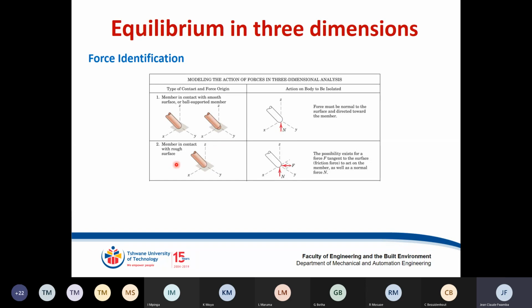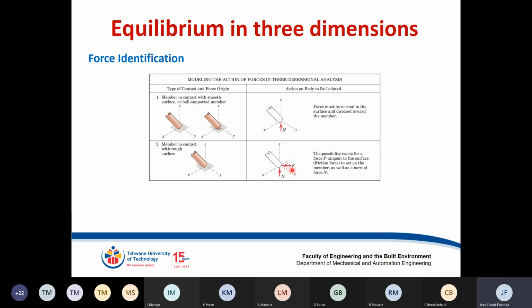Now, if you check your second setup, it's where roughness is brought up. Each time roughness is mentioned, roughness brings in the aspect of friction, and the friction must always oppose the motion.